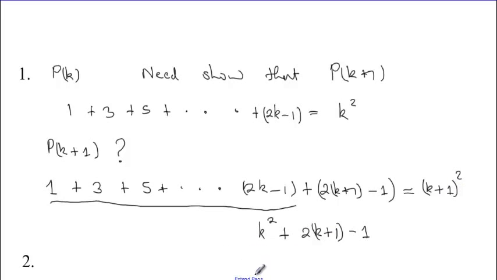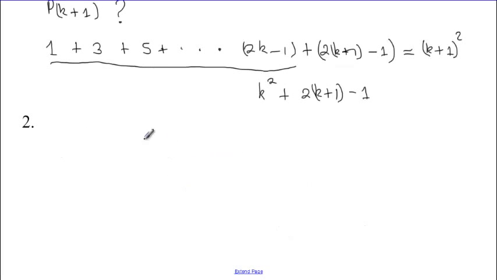So let's proceed this way. What we have here is k squared plus 2k plus 2 minus 1. So note that I've just removed the brackets here, and then we proceed by simplifying this.